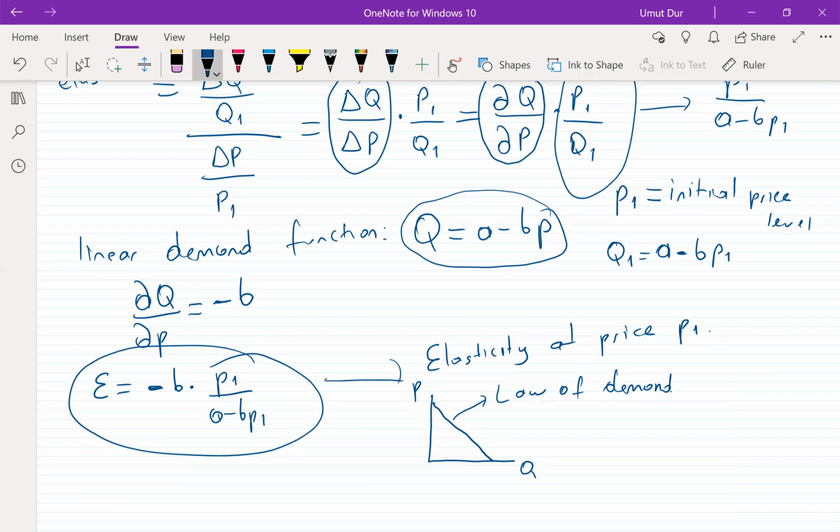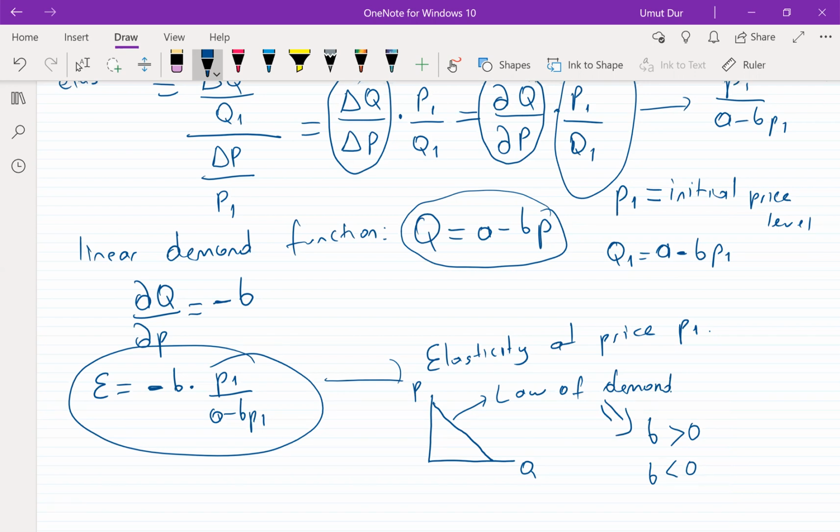So what does the law of demand suggest to us? Is B greater than 0 or is it less than 0? Which one is correct? Okay, so I think I misled you.